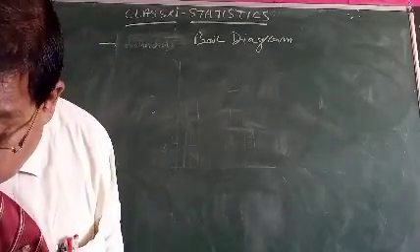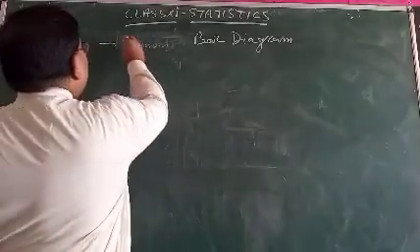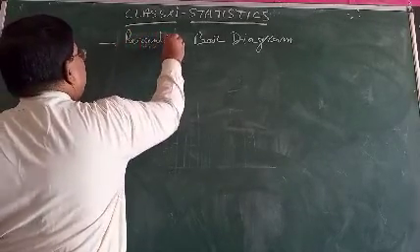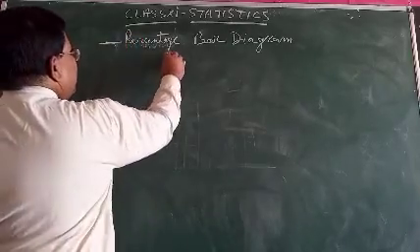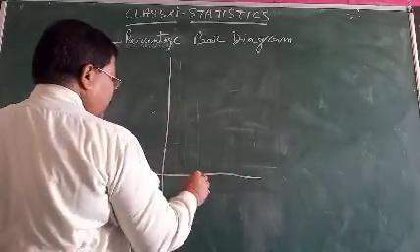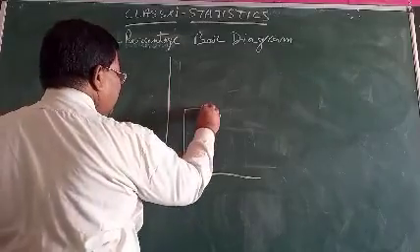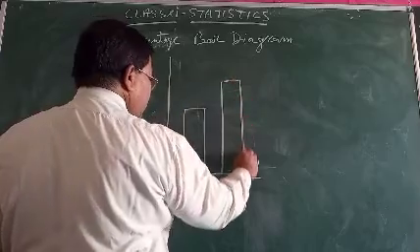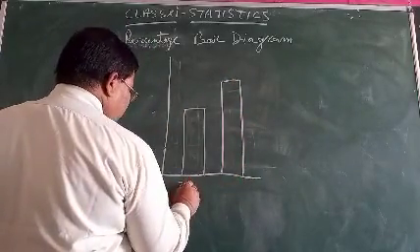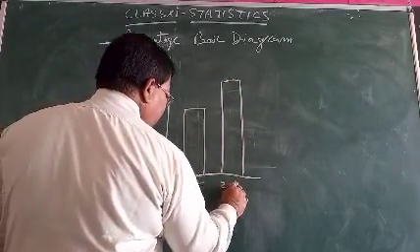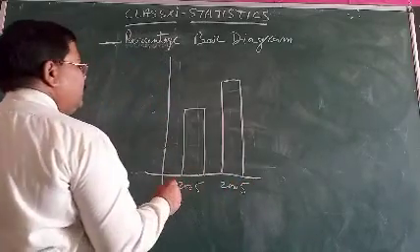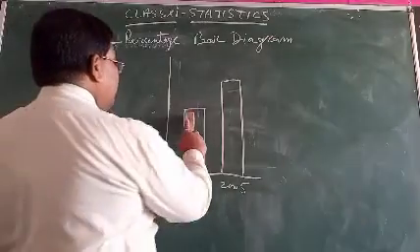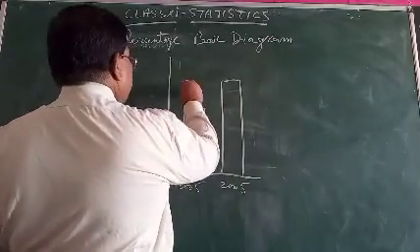In a percentage bar diagram, in a single bar, we can present the commodities of different years, say 2005 and 2006, in the same bar.